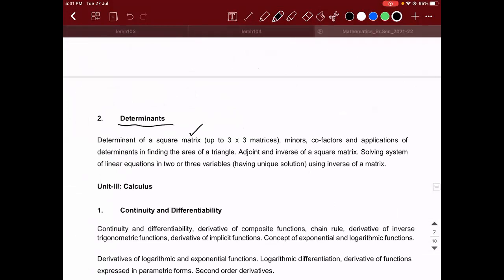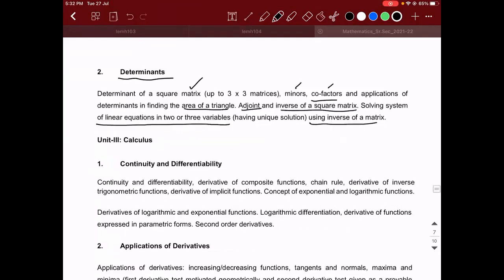First is the basic determinant. You need to know what a minor and cofactor are. If you understand cofactor, only then will you understand what an adjoint is. Application of determinants in finding the area of a triangle. Adjoint and inverse of a square matrix. Solving a system of linear equations in 2 or 3 variables having a unique solution using the inverse of a matrix.